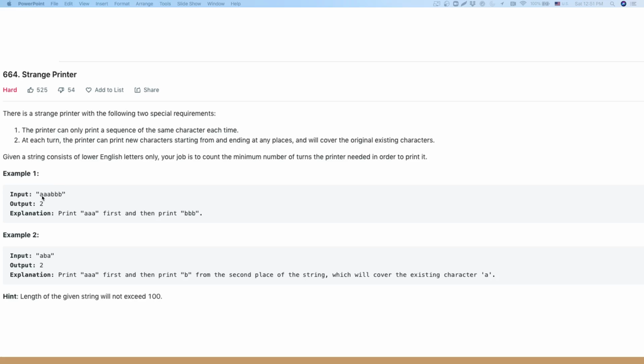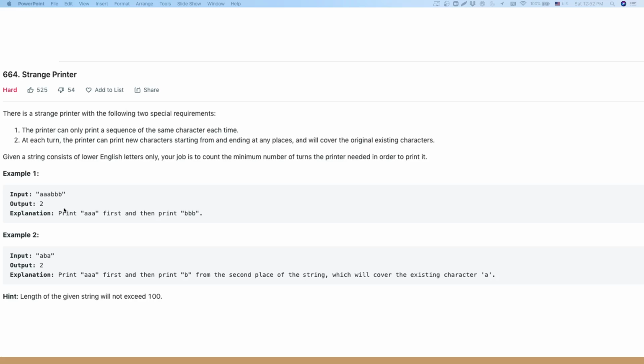For example, A, B, B, B, A. Oh wow! We were expecting to print this A, but when we print A for all of the characters, the last A is already printed, that's perfect. So we covered this guy and saved one step. Otherwise we would print A, B, B, B, A, which is 3. That's not good. The optimal solution is actually 2, because in the first print we cover the whole string.